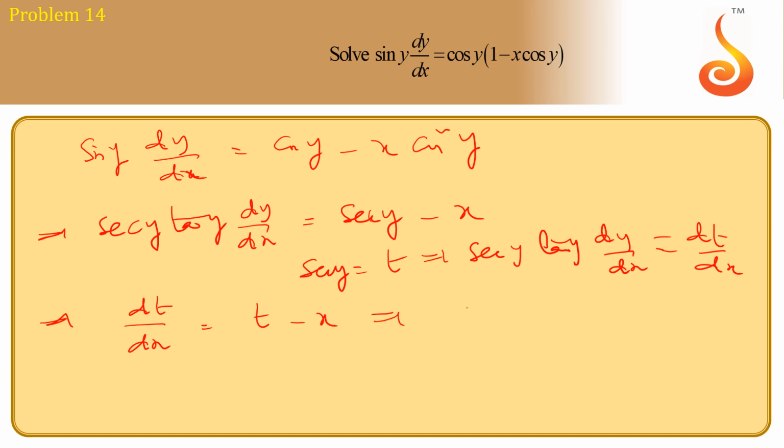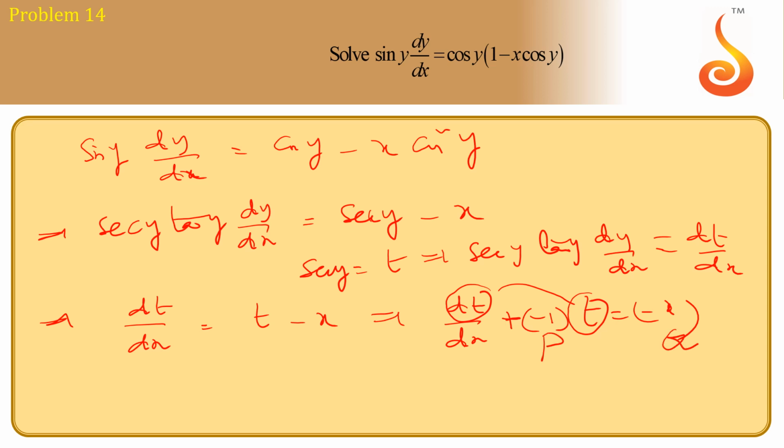So can we write this as dt by dx plus minus 1 into t equal to minus x. So observe carefully what we got. dt by dx minus t equal to minus x. Take this as function p and this as function q. This is a linear differential equation.